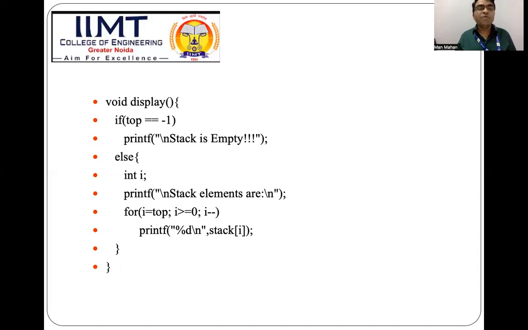In the else part, if it is not empty, we use a for loop to access the stack elements: i equal to top, i greater than or equal to 0, and i minus minus. Next, in printf, we use stack of i. The value of i starts from the top, meaning stack of 10, stack of 9, stack of 8, and so on. These are decreasing values, so i decreases from top to 0.